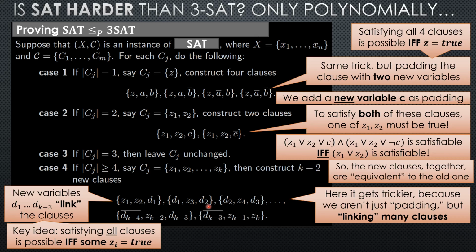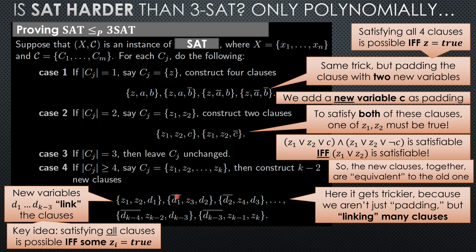So d1 is true, d2 is true, and because d2 is true and z4 is false, I have to set d3 to true, and I have to set d4 to true and d5 to true, and so on, all the way up to dk minus 3 has to be set to true. But then if dk minus 3 is true, then this term, negative dk minus 3, is false, and zk minus 1 is false, and zk is false. So that means this final clause cannot be satisfied in that case if I satisfy this first clause.